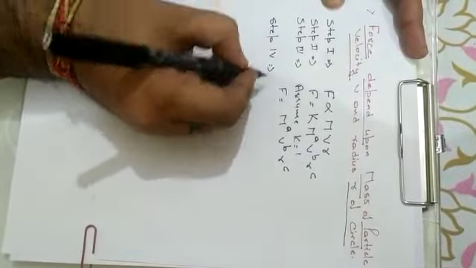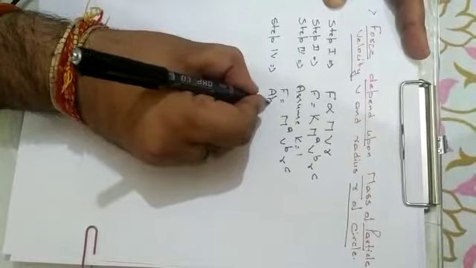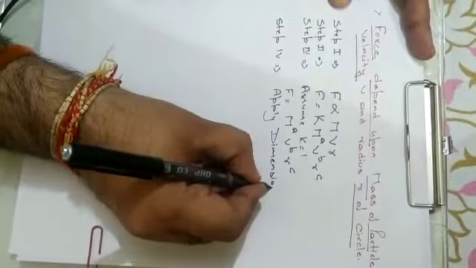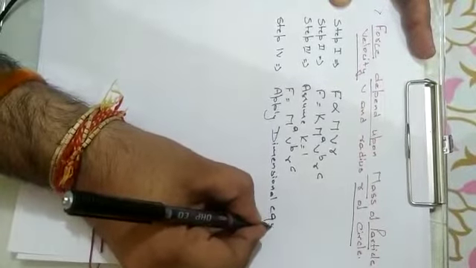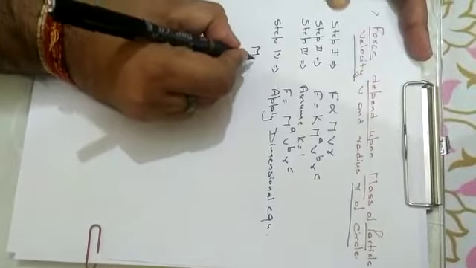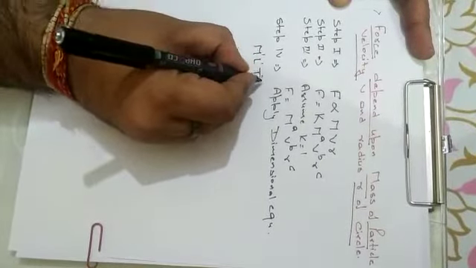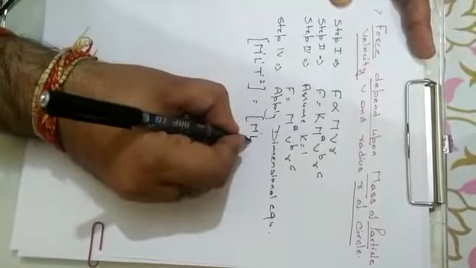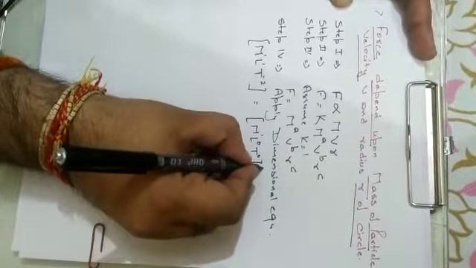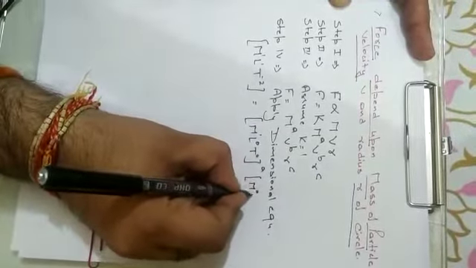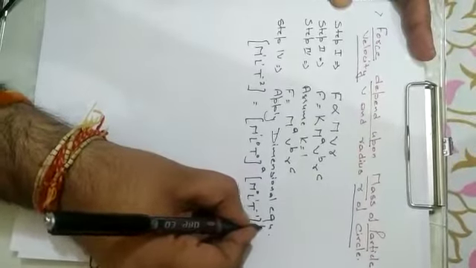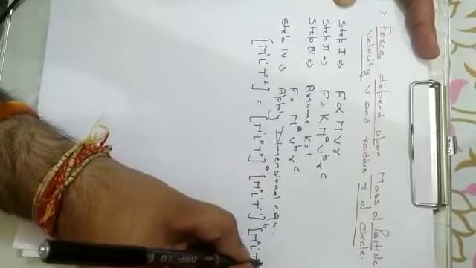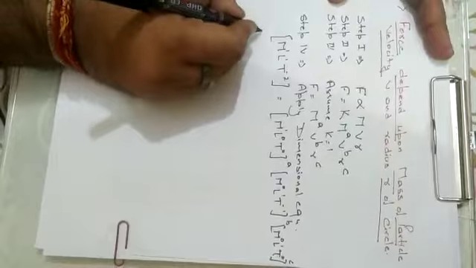In step 4, apply the dimensional equation. For force, the equation is M1 L1 T minus 2, and for mass M1 L0 T0 power a, M0 L1 T minus 1 power b, and for radius, that is distance, it is M0 L1 T0.